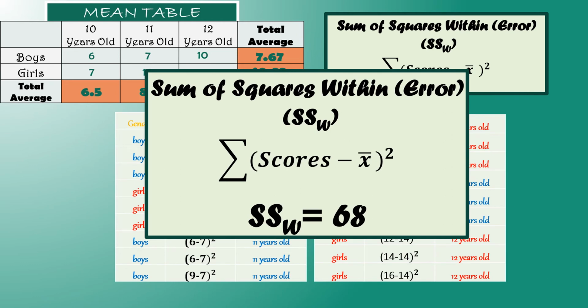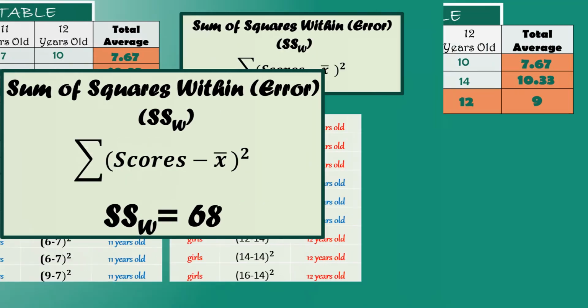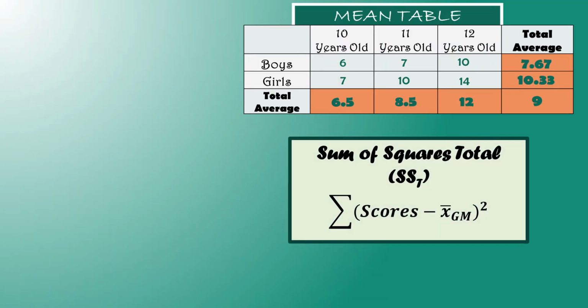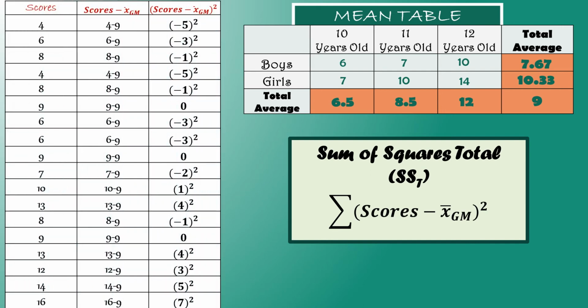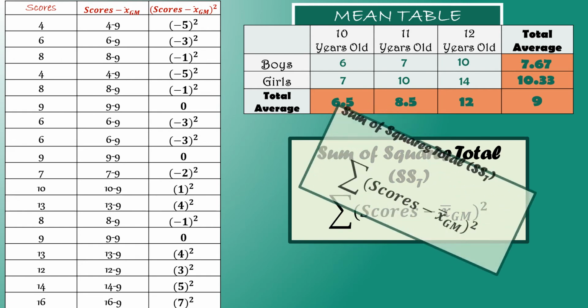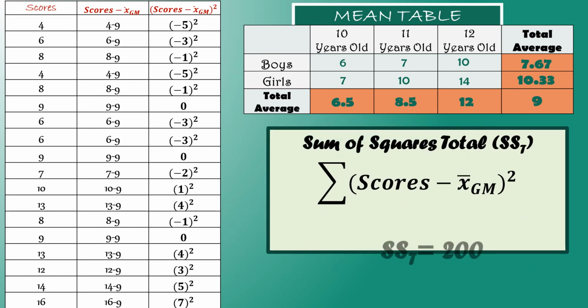Now the sum of squares within or error is equal to 68. Then for the total sum of squares, we use the formula: summation of scores minus the grand mean, squared. First get the difference of scores and grand mean, then square it and get the sum of all values. So the total sum of squares is equal to 200.